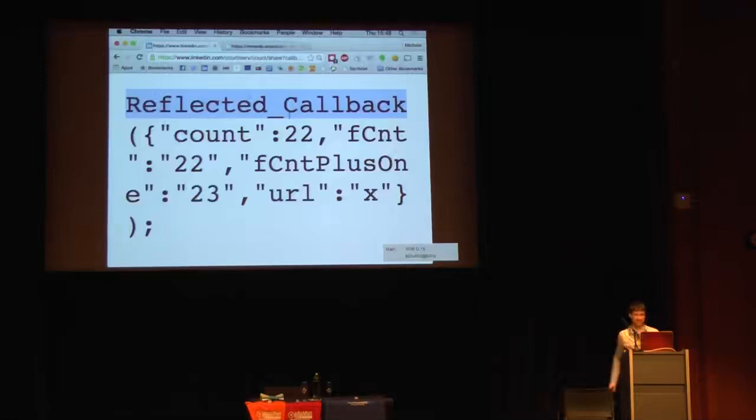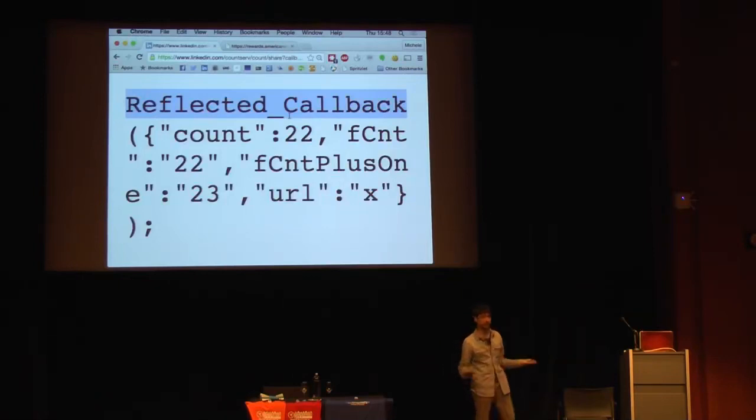Good. Okay, great. So JSONP is this great technology to bypass same origin policy, right? Basically, if you want to embed a script from another domain, you can do it with a script tag, and this is exactly what JSONP exploits.